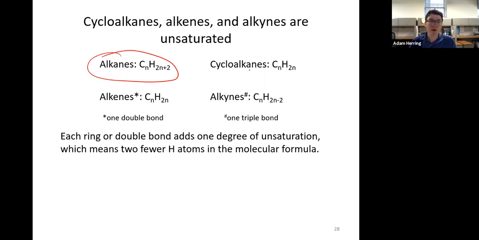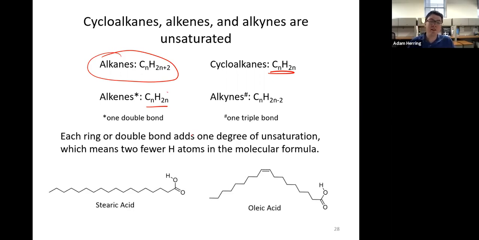So cycloalkanes and alkenes end up with double bonds or ring structures, and they actually have the same basic structure. Alkynes you get with a triple bond, and that reduces the number of hydrogens even more. So each ring or double bond or triple bond is going to increase the degree of unsaturation. That reduces the number of hydrogen atoms by 2.